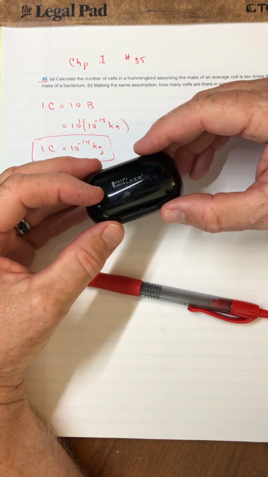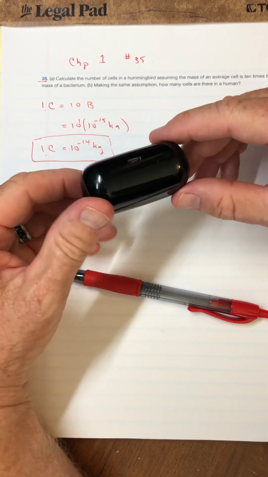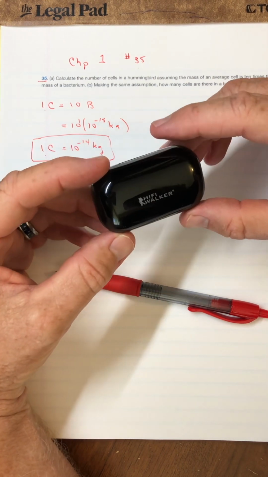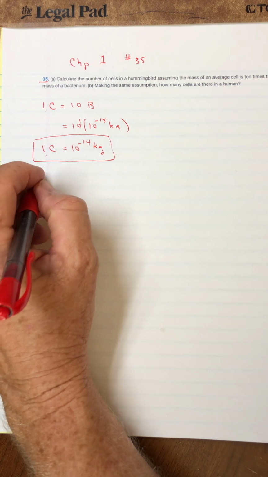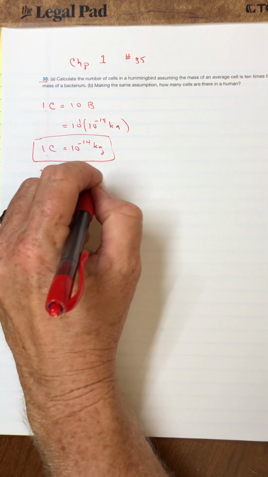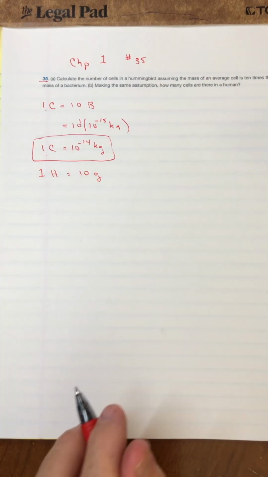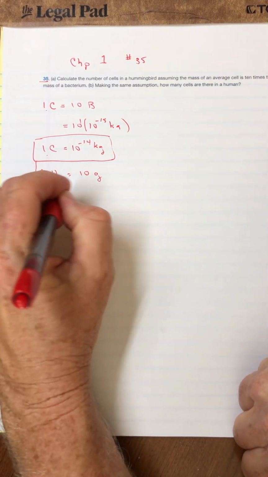A penny is about 3 grams, so clearly it's more than a gram. It's not even close to 100 grams. So in terms of order of magnitude, I'm just going to say one hummingbird is roughly 10 grams. Well, why not here? Okay, and that'll be my conversion.